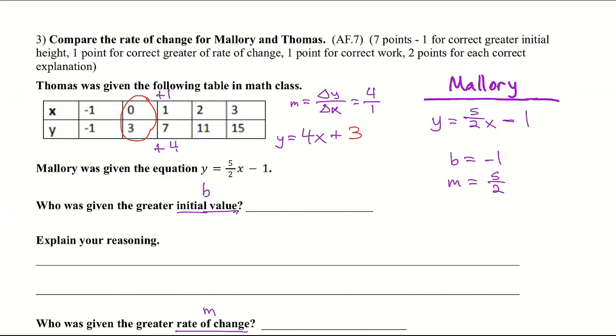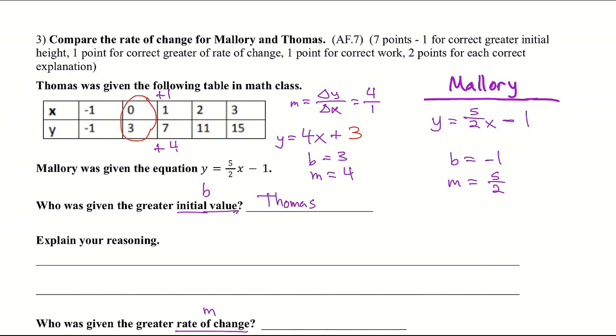So the slope then for Thomas is, no, I guess we started with the y-intercept first. So the y-intercept is 3. The slope is 4. So who was given the greater initial value? Thomas. 3 is more than -1.